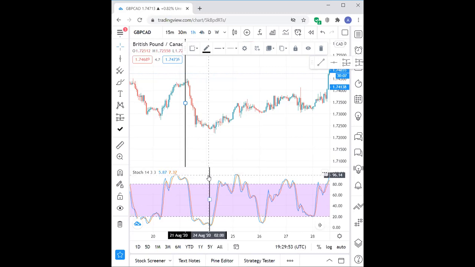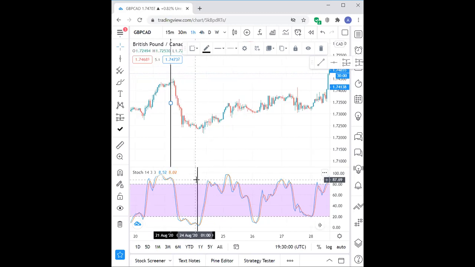Okay, when we come back here, at this place you can see there are two lines, the blue one and the red one. So here they crossed. When this cross happened, the market changed its direction. It was going upward and then it changed to downward, dropping for a sell.